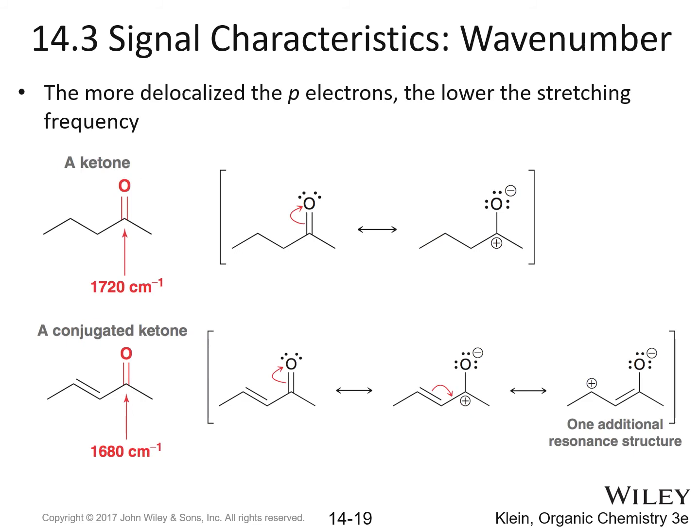So here are our 2 resonance structures for the ketone, where we have the delocalization of the p electrons in our pi bond, versus a conjugated ketone, which has those 3 resonance structures. And we see that resonance, or delocalization of the pi electrons, lowers the stretching frequency.